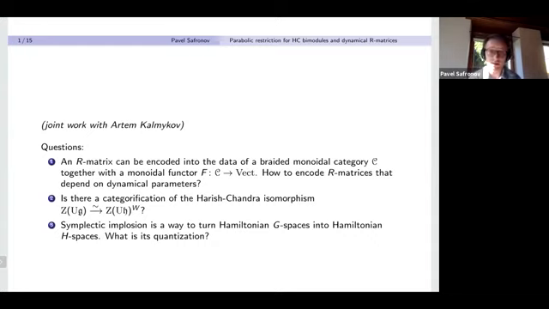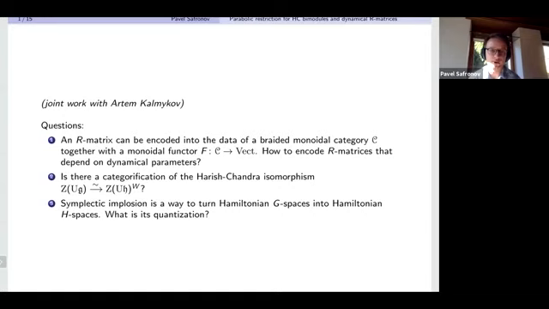So the first question is, what is the categorical meaning of a dynamical R-matrix? I will say later what such an object is, but for those of you who know something about R-matrices, one way to interpret categorically an R-matrix for a quantum group is that you have a braided monoidal category, C, and it has a monoidal functor to the category of vector spaces.